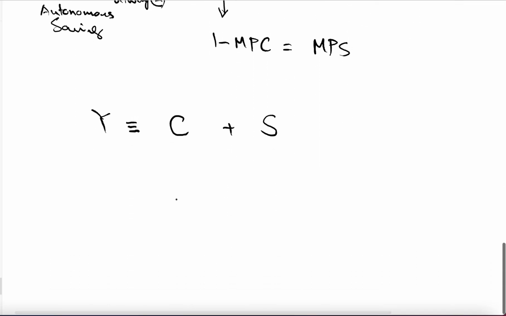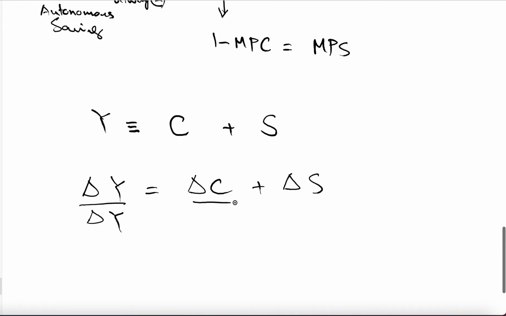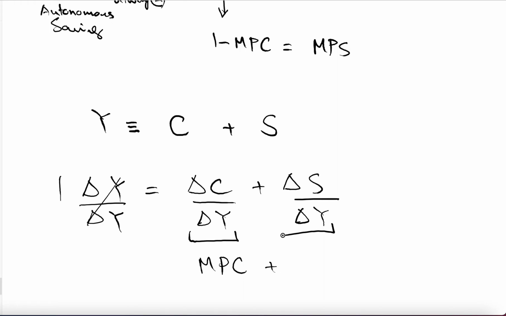If so, it's not difficult to write that delta Y equals delta C plus delta S. Let's divide both sides by delta Y again. So this is 1. And what is this? We named it the marginal propensity to consume. And this one, the slope of the saving function, we called the marginal propensity to save. And this is always equal to 1. So make sure that you know this identity.